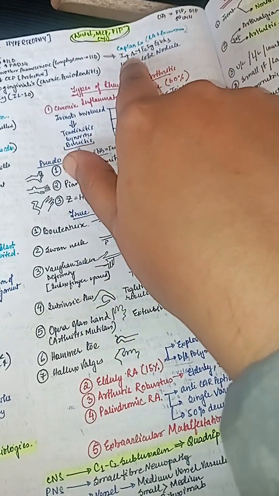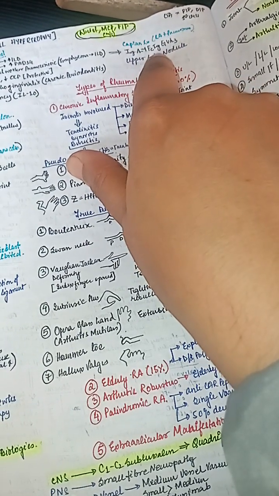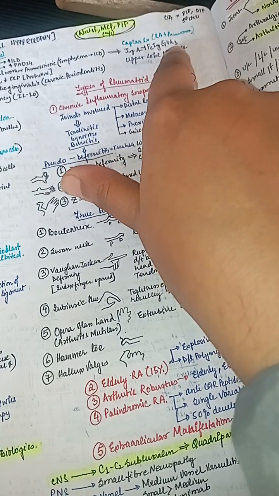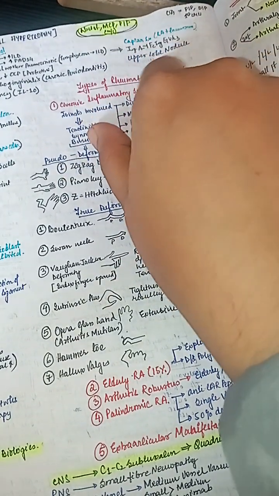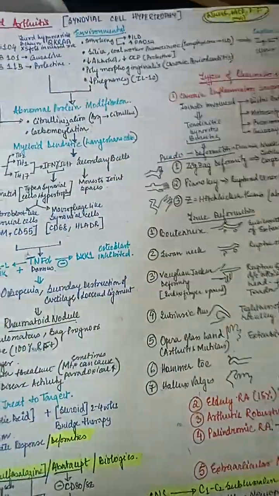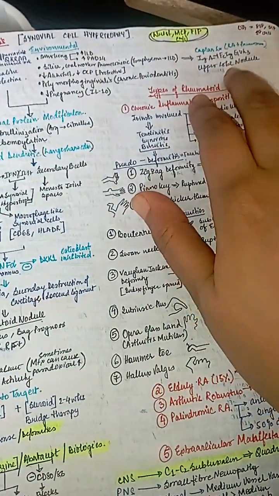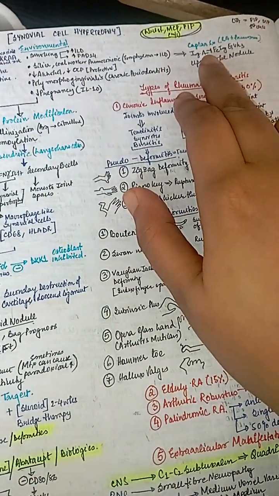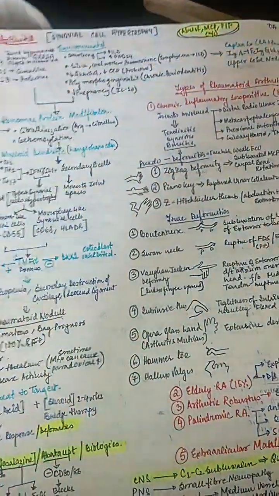It is due to the IgA antibody against the Fc of IgG variable heavy chain, causing the upper lobe nodule. So all our occupational lung diseases cause upper lobe involvement except asbestosis.